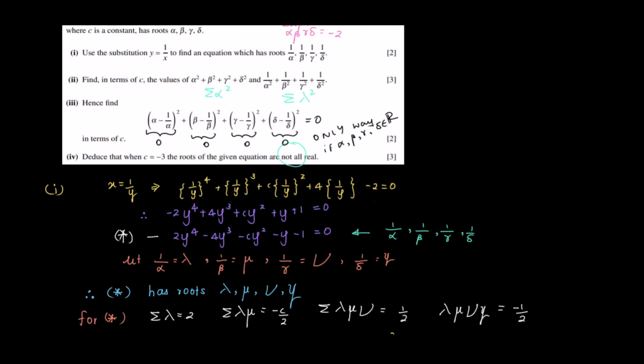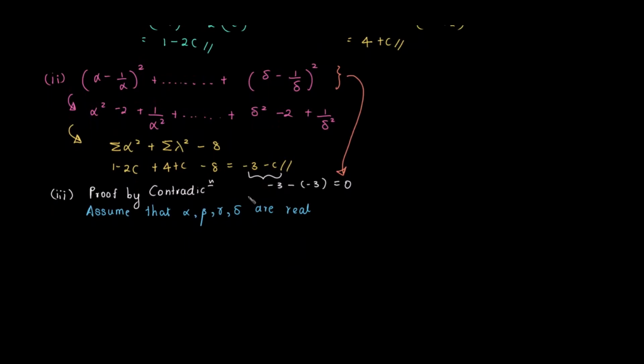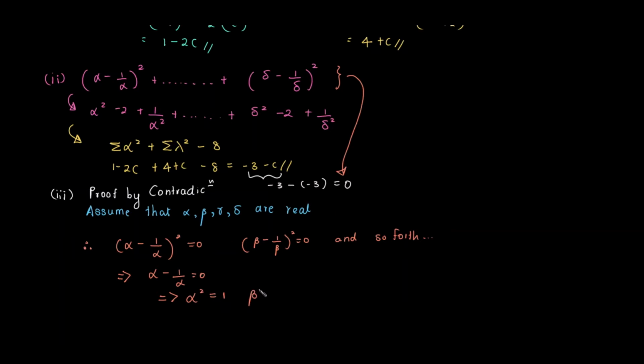So this implies that alpha minus 1 over alpha whole thing squared is equal to 0. Beta minus 1 over beta whole thing squared is equal to 0, and so on and so forth. So alpha minus 1 over alpha is equal to 0. This implies that alpha squared is equal to 1, and beta squared is equal to 1, gamma squared is equal to 1, and delta squared is also equal to 1.